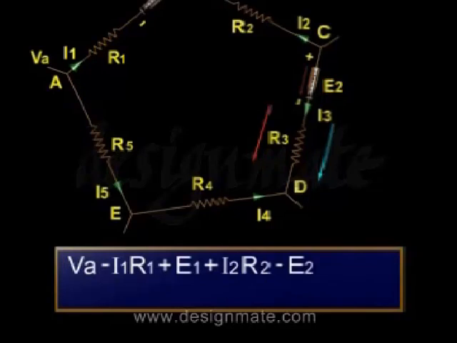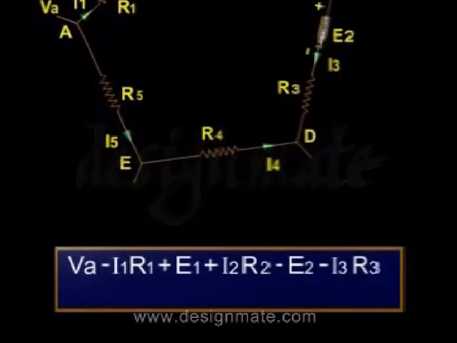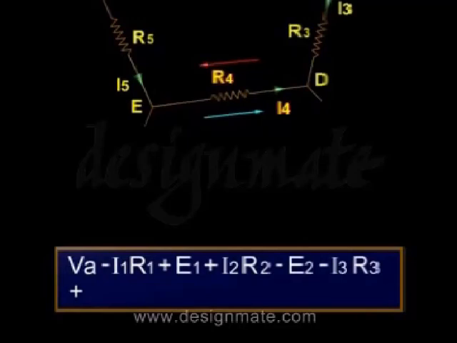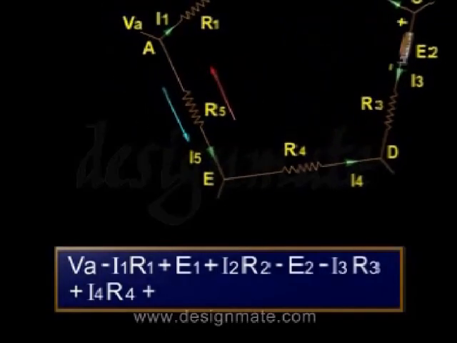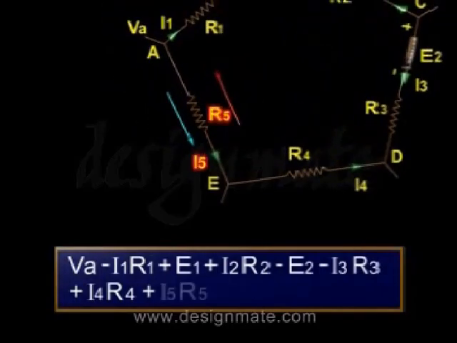This way, the successive changes in the potentials along the loop under consideration are: decrease by an amount I3R3 in R3, increase by an amount I4R4 in R4, and an increase by an amount R5I5 in R5.